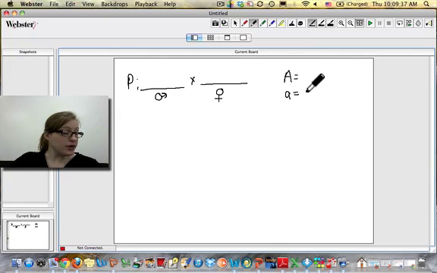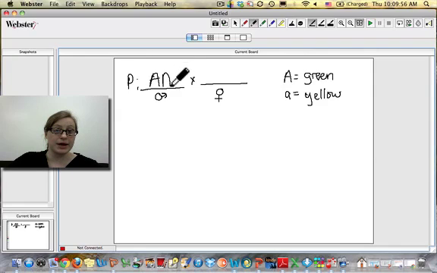Okay, so we know that the dominant form is green. Okay, and I'm going to tell you that the recessive form is yellow. Okay, so the male's genotype, homozygous dominant, is going to be big A, therefore he will express greenness.